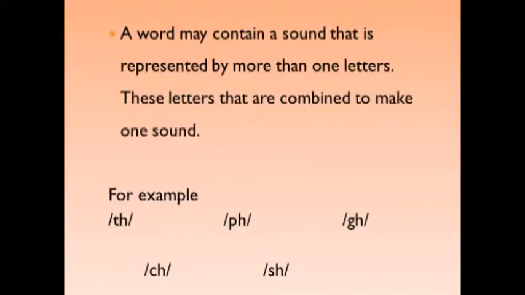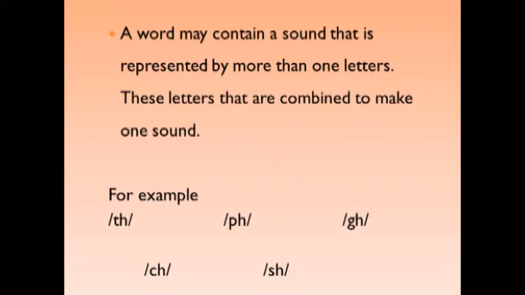A word may contain a sound that is represented by more than 1 letter. These letters are combined to make one sound. For example, the letters T and H, when combined, give the f sound. Make that sound.